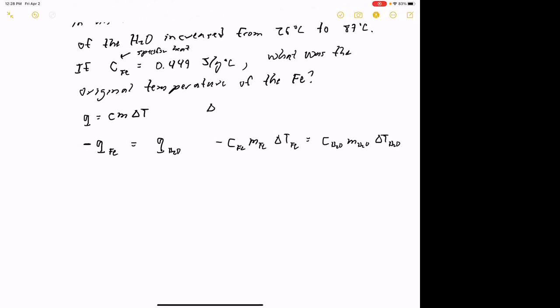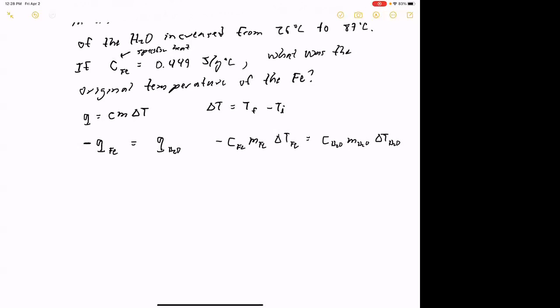So remember, I can always define a delta T for any substance as the T final minus the T initial. That's what a delta T is by definition. So I'm going to make one more substitution in here before I really get down to the algebra. So I can say minus C for the iron times the mass of the iron.